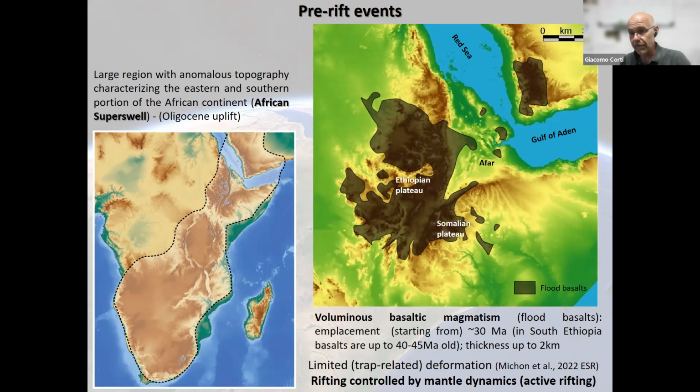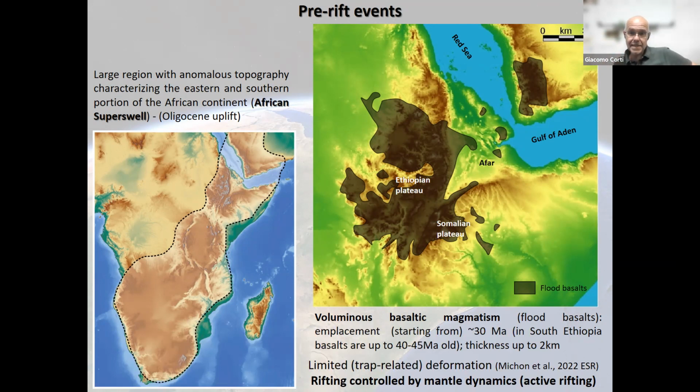Oligocene, probably in a complex way, or at least in a way that we don't know exactly, or it's somehow debated. And this anomalous topography in Ethiopia and the Horn of Africa in general is also accompanied by a voluminous phase of volcanic activity with eruption of flood basalts, which occurred well before rifting began in this area.